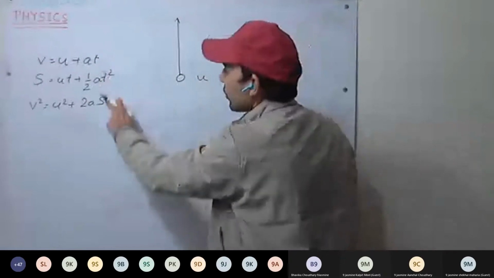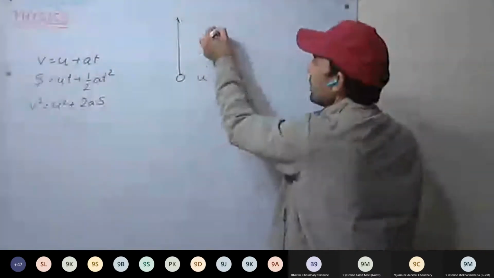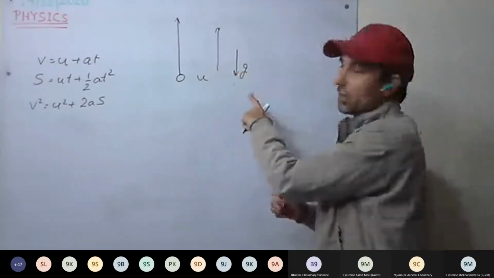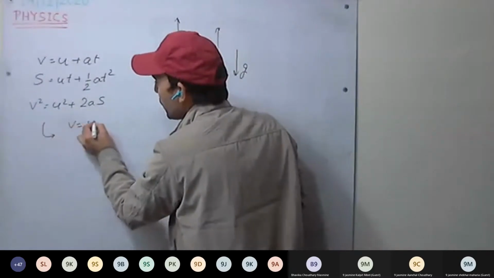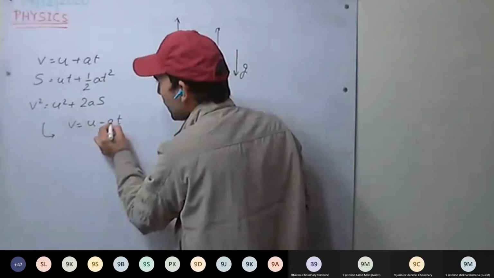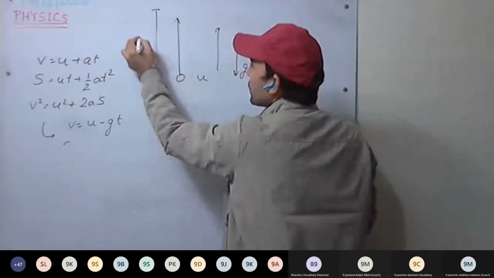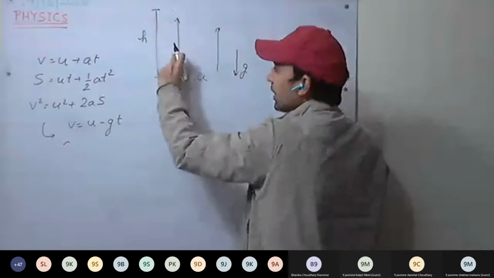So see here, these three equations we have. Now when we are throwing the body upward, the motion is in this direction, whereas the acceleration due to gravity is in the opposite direction. So these three equations will be reduced to v equal to u minus gt, and s, the distance covered, we are taking as h.